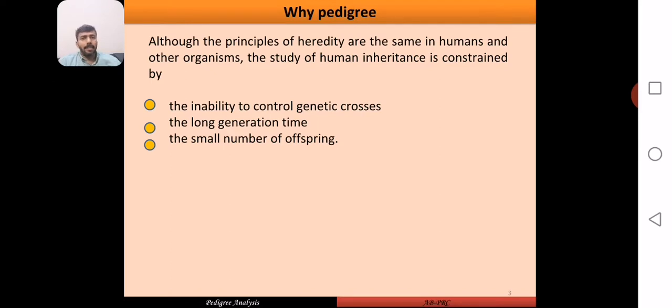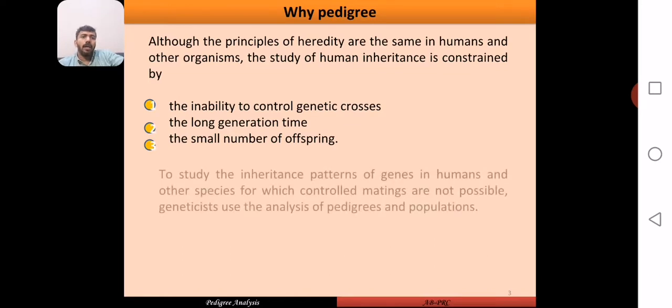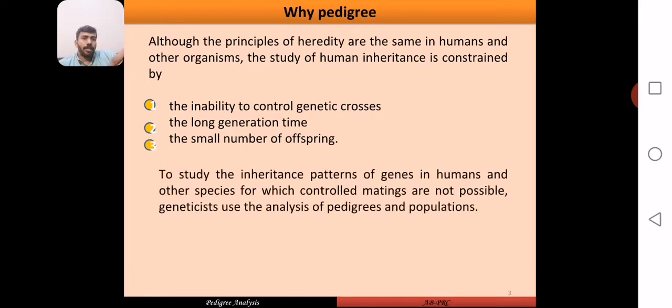Unlike in plants and other small animals, the number of offspring is very small, so sometimes you cannot generalize, or you cannot end up with a concept or a theory because of the limited number of progenies, right? So these are the 3 most important limitations in human genetics and why we go for pedigree, right?